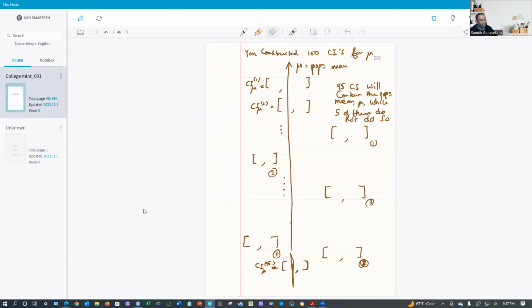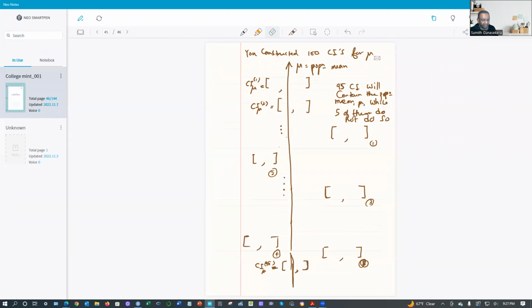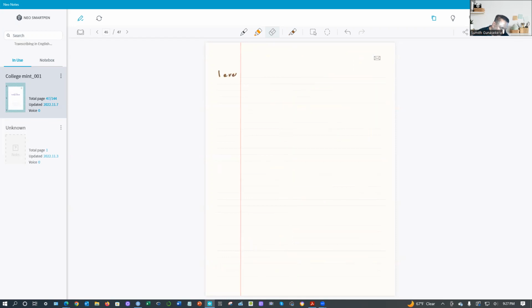This is called the confidence coefficient, given by 1 minus alpha. That's the notation. If you know the confidence coefficient, based on that you can build the confidence interval. Its counterpart is called the level of significance, alpha. We'll talk about that when we go through testing of hypothesis.